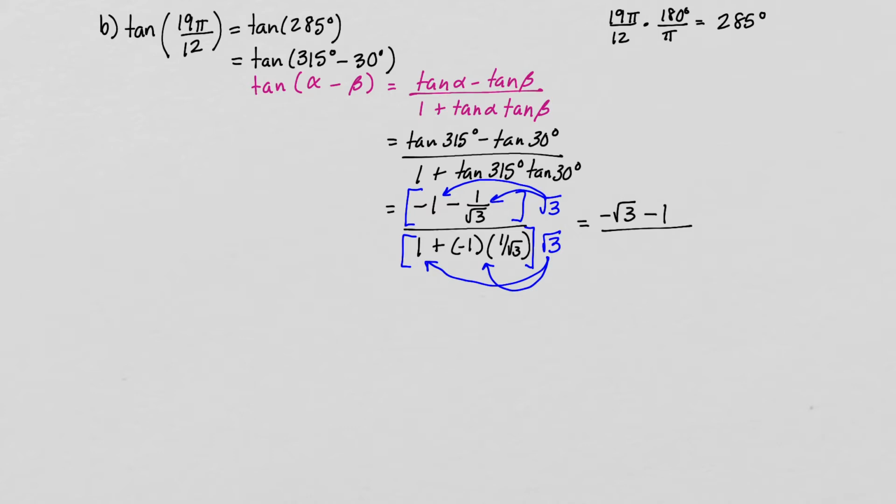I just do 2 times 5 is 10, 10 times 7 is 70. So same thing here, I just have to multiply them all together once. In the first term, I end up with square root of 3 times 1, which is root 3. In the second term, the root 3's cancel, and I'm just left with minus 1. So I end up with minus root 3 minus 1 over root 3 minus 1.